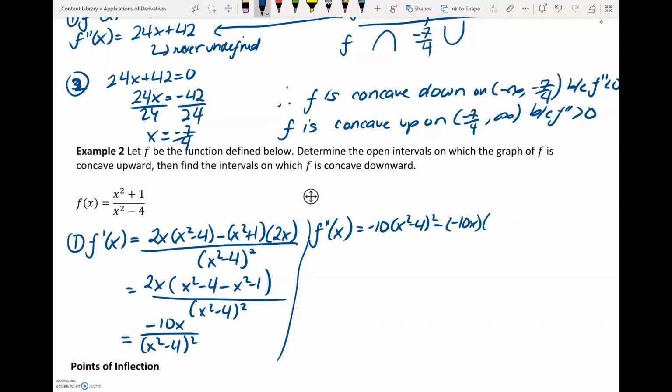So this is 2 times (x squared minus 4) multiplied by 2x, all over (x squared minus 4) to the power of 4. And if we do take the time to simplify this, you are going to get 10 times (3x squared plus 4).